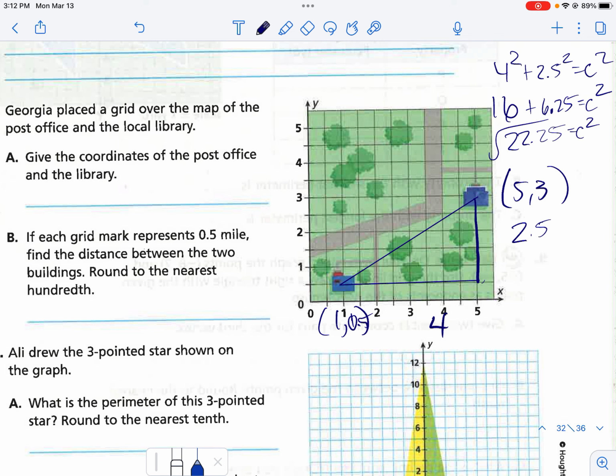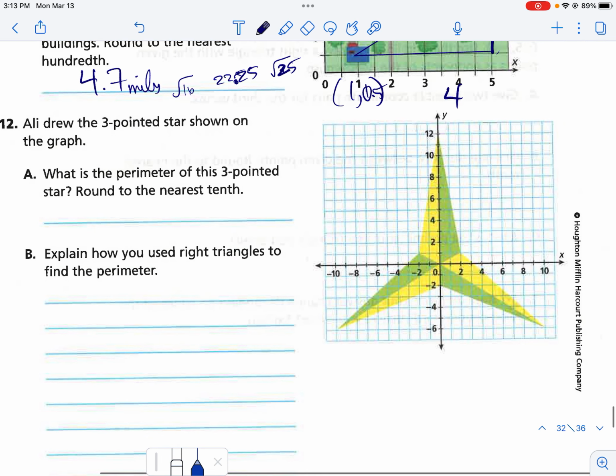So if I take the square root, that's between 16 and 25. That's a horrible one. So I'm going to say 4.7-ish miles. Okay, and that's all we're going to do.